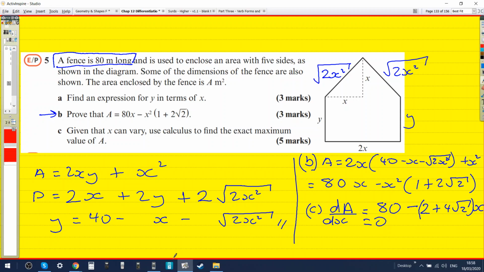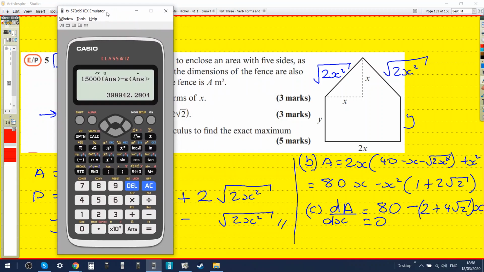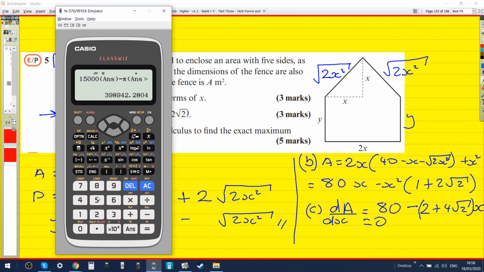And then 80 equals 2 plus 4 root 2 x, so x equals 80 divided by 2 plus 4 root 2, which gives us 10.448155. They said exact value, so you just leave it as exact.